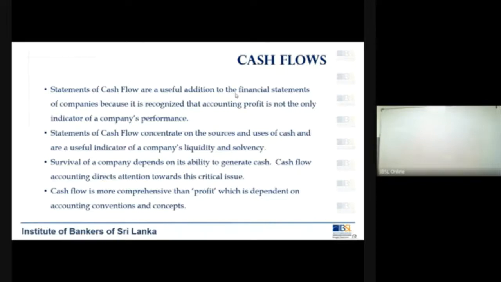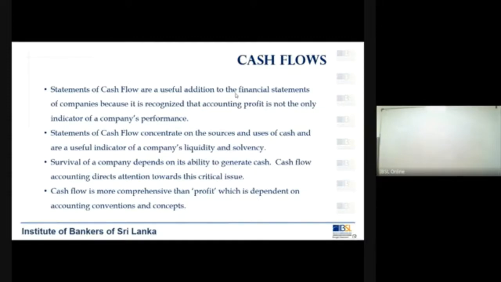So the profit or loss of your business has a lot of elements which are based on principles and assumptions. But when you look at cash flows, it is purely the cash inflow and outflow. It doesn't have any assumptions like the accounting conventions, principles, nothing is there.